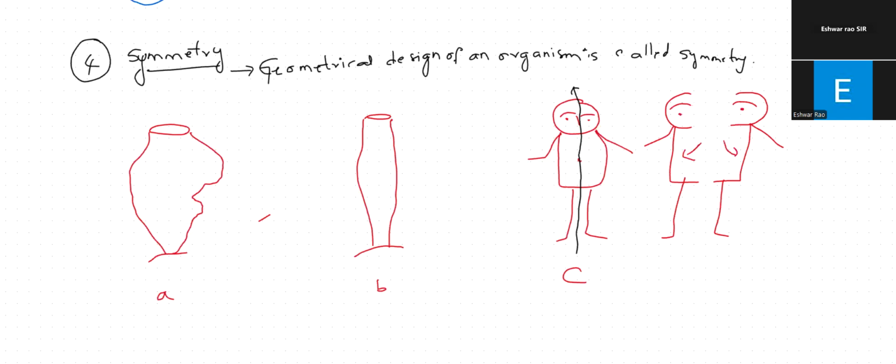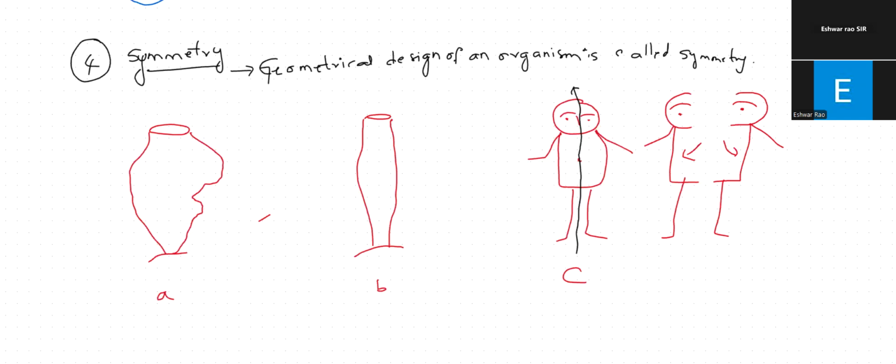Two lateral halves came, which are mirror images of each other. Is there any possibility to cut this organism along another plane?